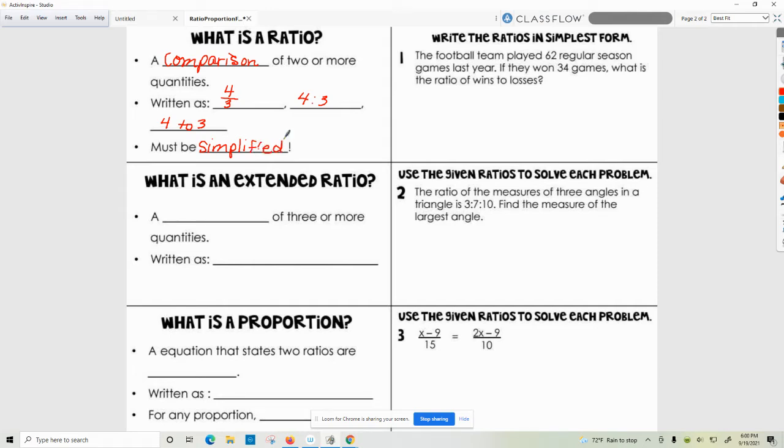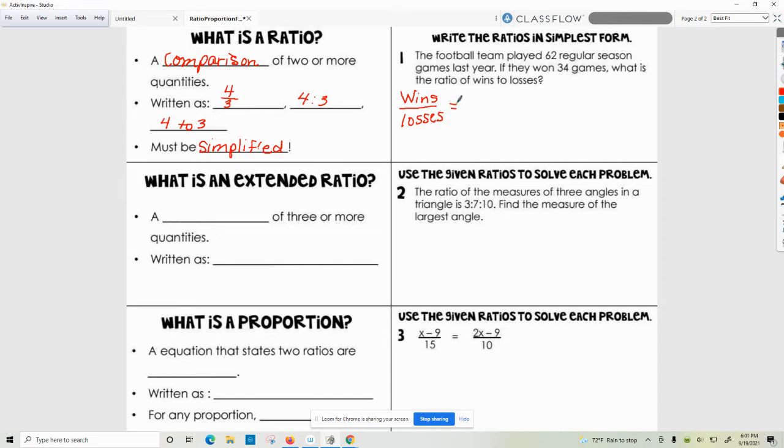It must be simplified. So when I look over here, it says the football team played 62 regular season games last year. If they won 34 games, what is the ratio of wins to losses? Okay.